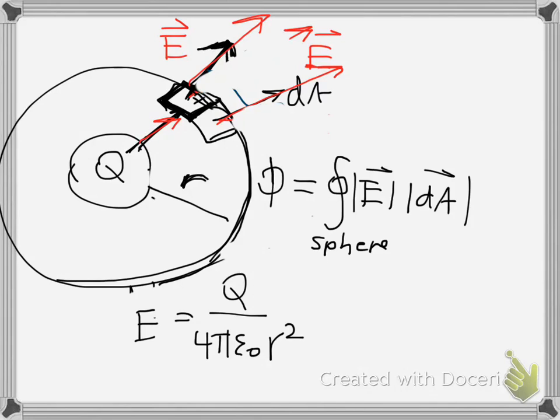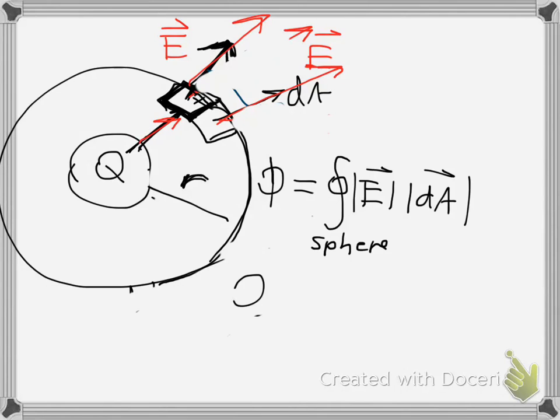Because every point on the sphere is the same distance away from the charge, so the electric field at every point will be the same and will be equal to this. So since the electric field is a constant, we can factor it out of this integral.